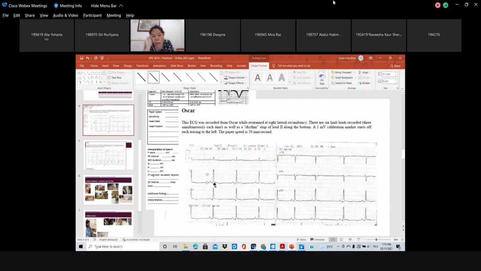Mira, what's the answer for S? 0. 0 also can. Plus 0.1 also can. But if you look at it, this one looks like plus 0.1, this is 0. So it's isoelectric.